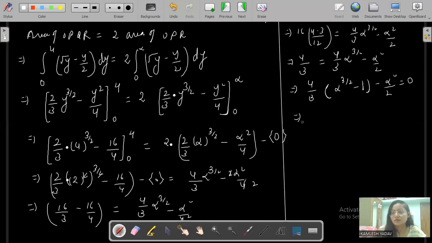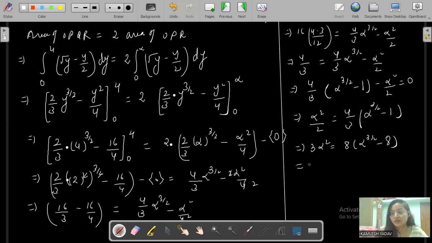Now, actually, here on the right side we take alpha square by 2, which is equal to 4 by 3 into alpha to the power 3 by 2 minus 1. So, 3 alpha square equals 8 into alpha to the power 3 by 2 minus 8, which is equal to 3 alpha square minus 8 alpha to the power 3 by 2 plus 8 equal to 0.